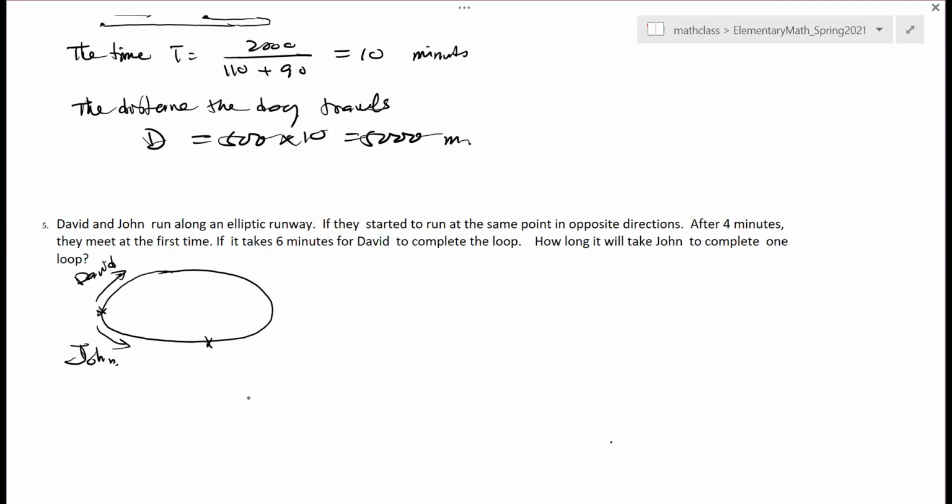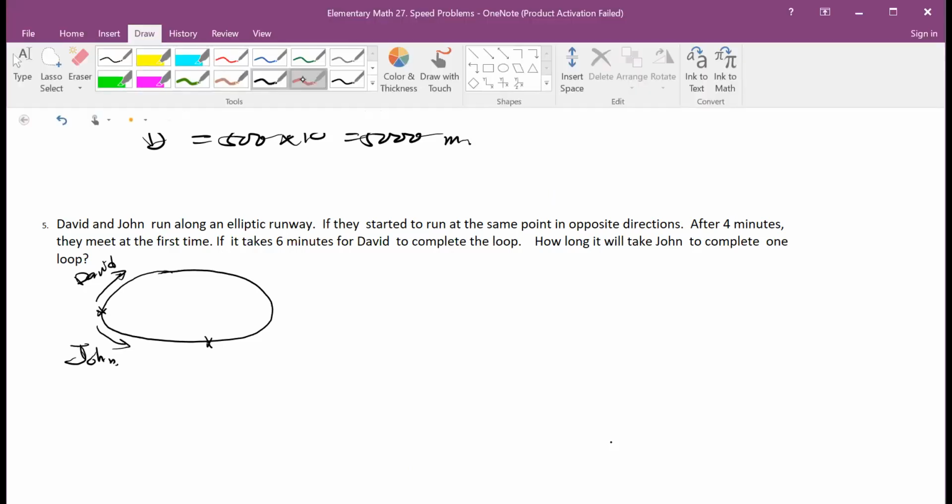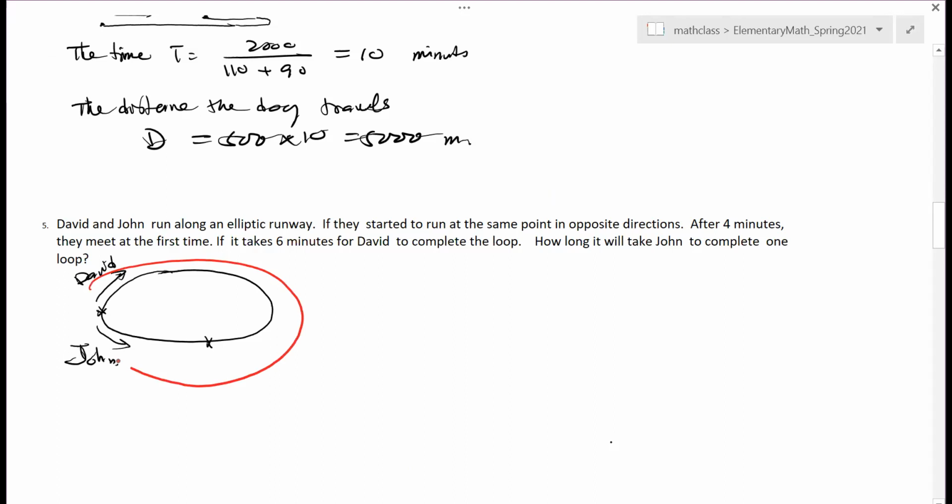Think about that. For David, it takes 6 minutes total. And how much time will it take for John to complete the loop? We don't know the length of the loop.